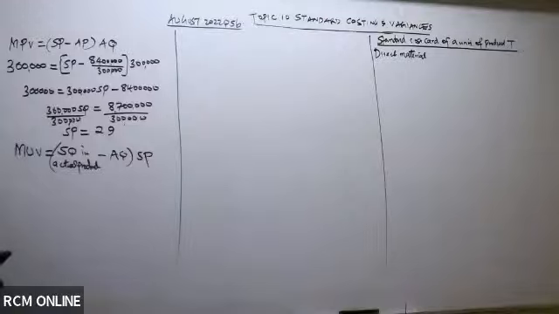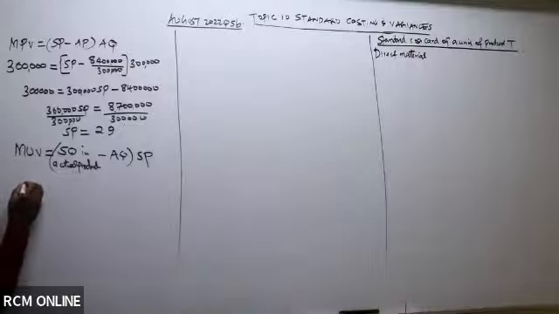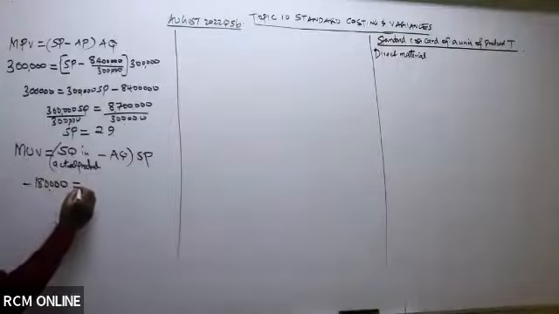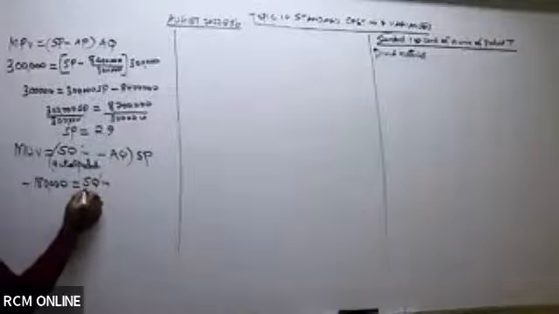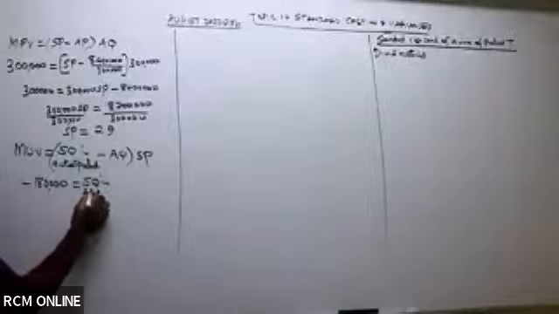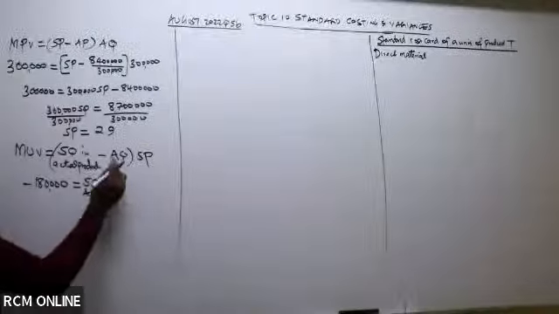Now people will see the variances. Material usage variance is negative 180,000. That is equal to standard quantity in actual production minus actual quantity.